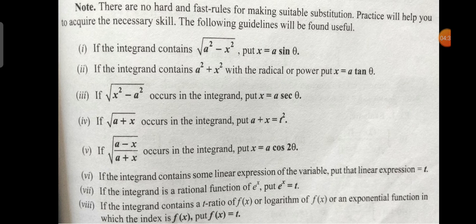They are not rules, but easy guidelines for choosing the substitution, so please follow them. For a square plus x square, put x equal to a tan theta. Remember these guidelines; they will help you choose the t or u values.